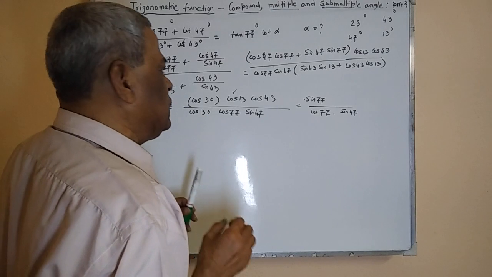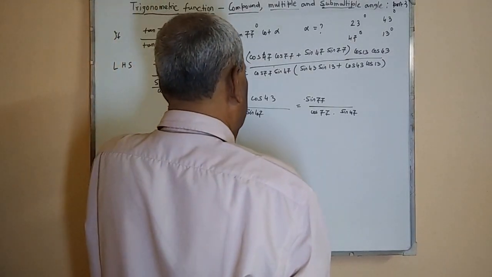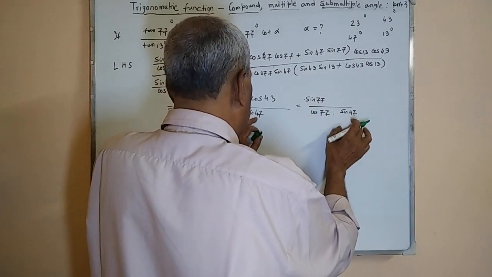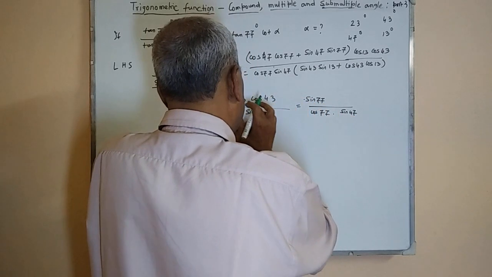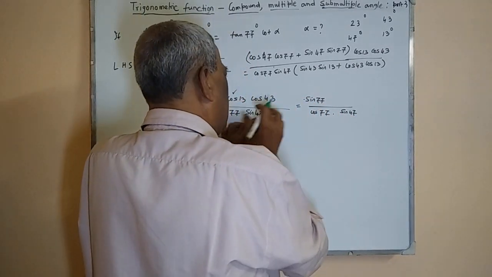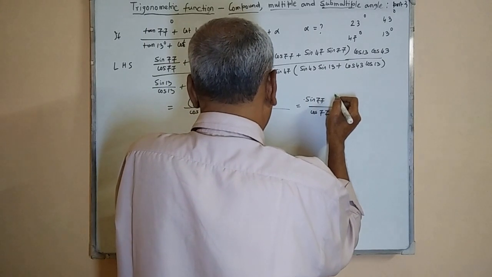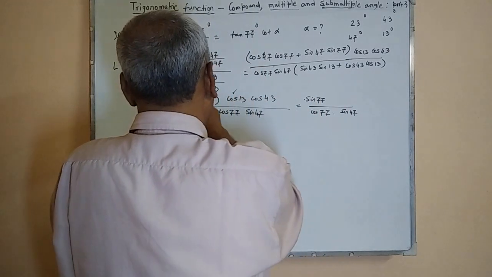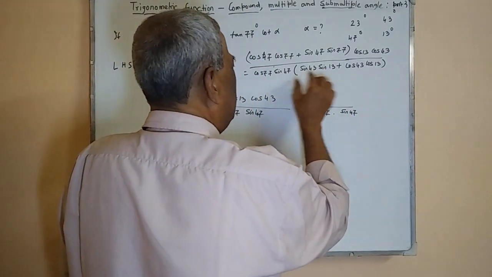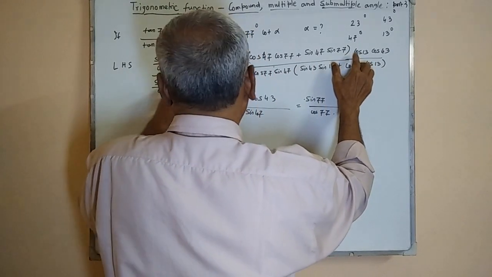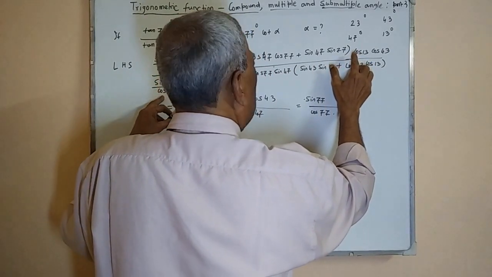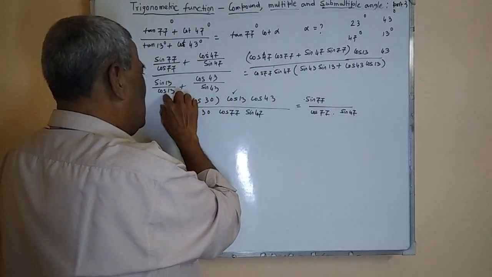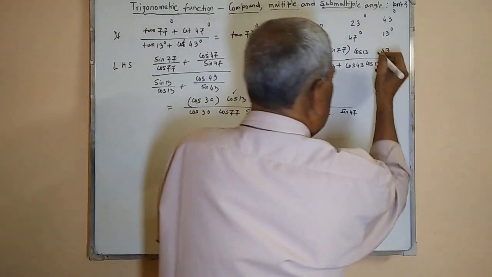They cancel, cos 77, this, sine 77, this one, and sorry, this one is actually cos 13 into sine 43.